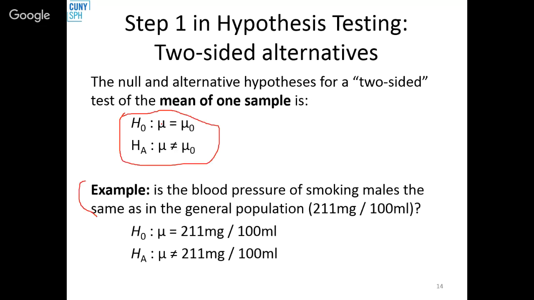So in this case, I had 211 milligrams per 100 ml as a known population average from somehow. I don't know where this would have come from, some very large sample size from a nationwide study. But the point is that this information is not coming from a sample.